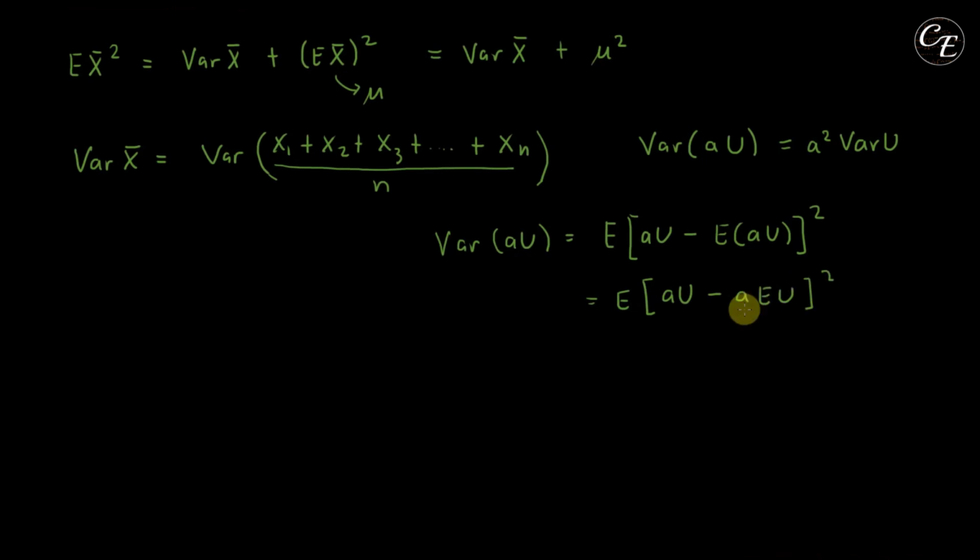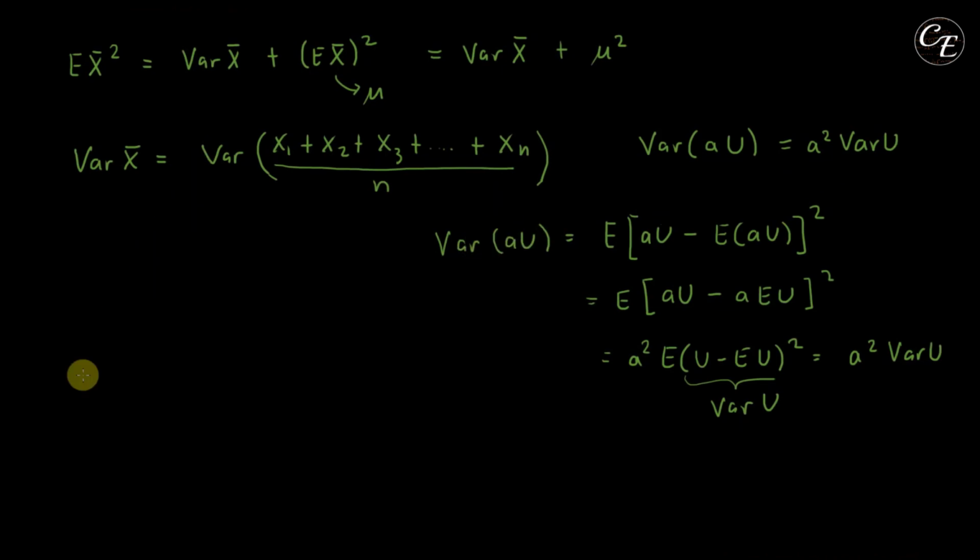So we can collect similar terms, and move this a outside the expectation, but we need to square it first. So we have a squared expectation of u minus expectation of u, squared. Then we know this is variance of u. So we have a squared variance of u.